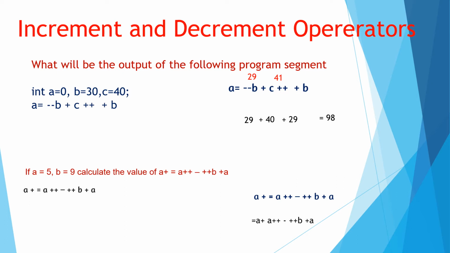Here we can see A plus, this will come on the right hand side. A plus plus this one, A plus plus here as it is. The rest of the equation is as it is. So A plus plus minus plus plus B plus A. The rest of the expression has no change. Only change is the left hand side, whatever it is, A plus, that will come on the right hand side.